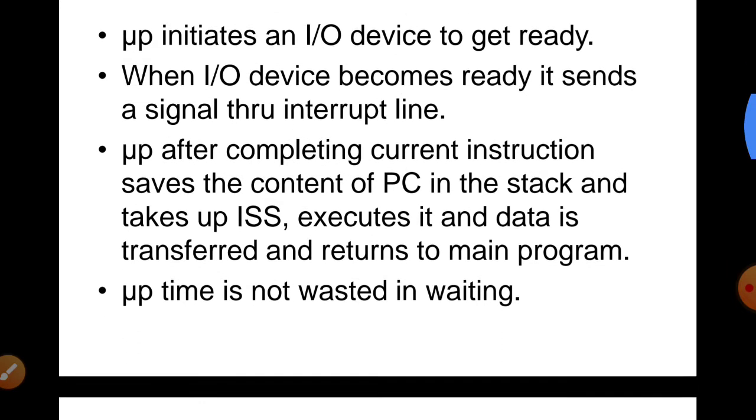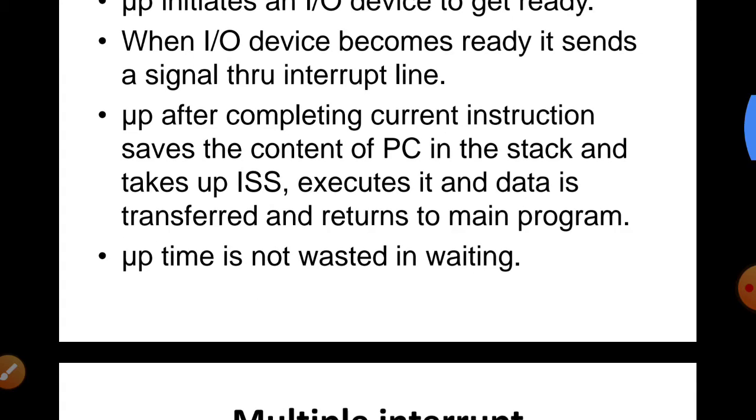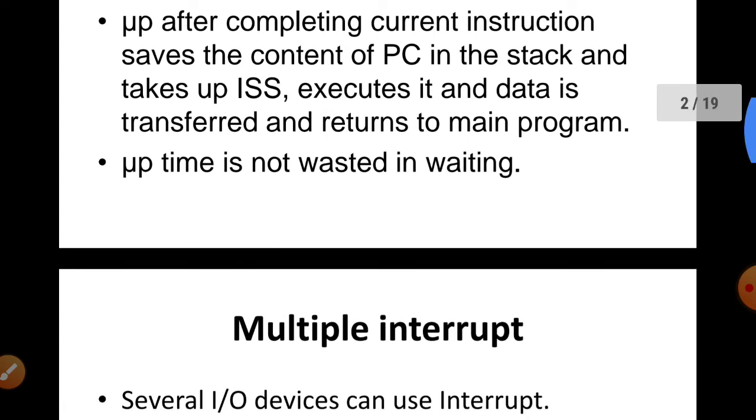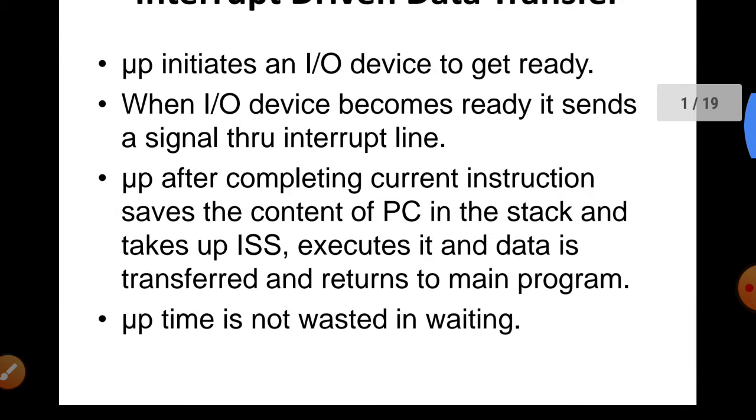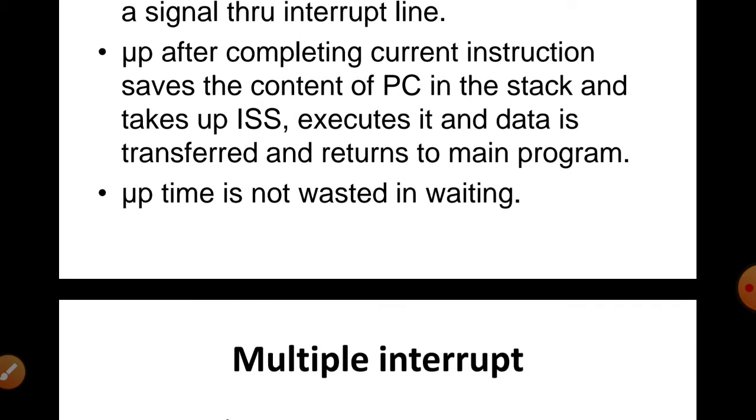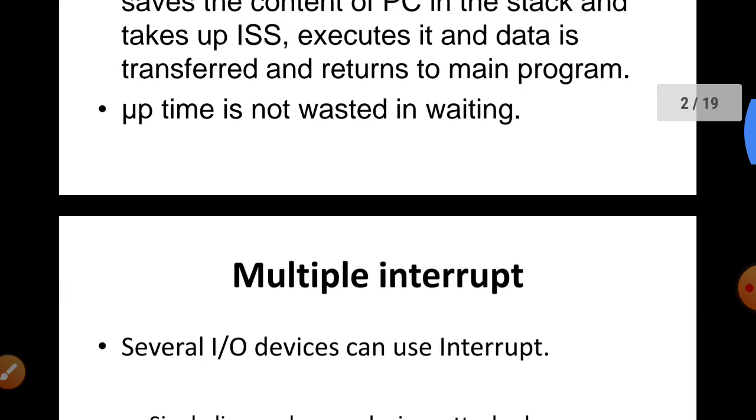ISS stands for interrupt service subroutine. The interrupt service subroutine is already made by the manufacturer, and it is stored at a certain memory location. So whenever the request has been granted by the processor, it stops its normal execution and executes the service subroutine related to the particular line through which the peripheral has interrupted.